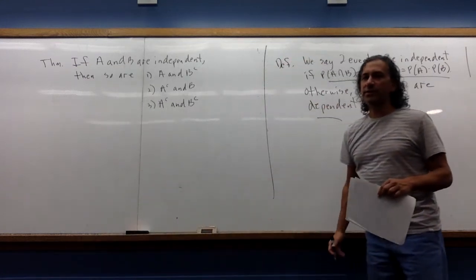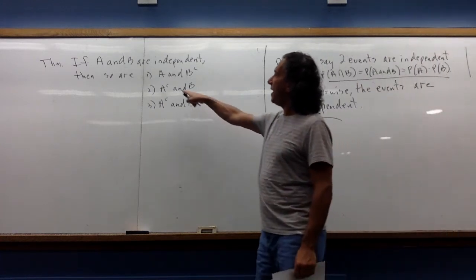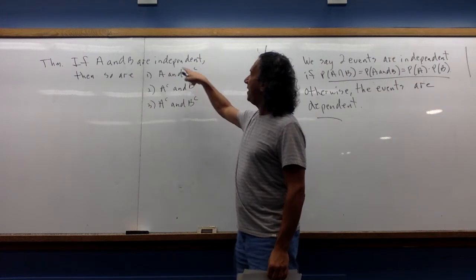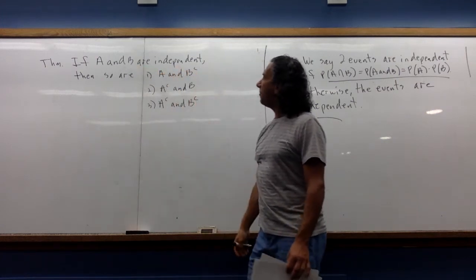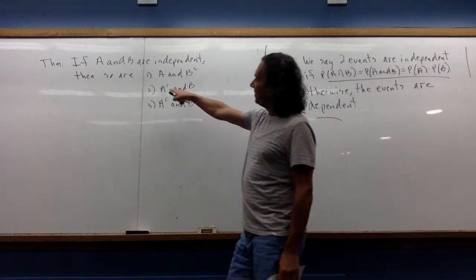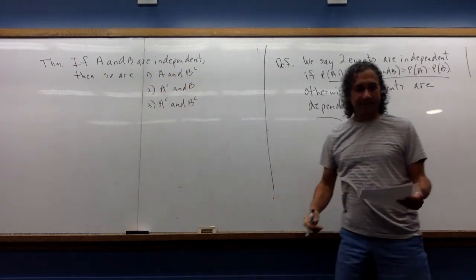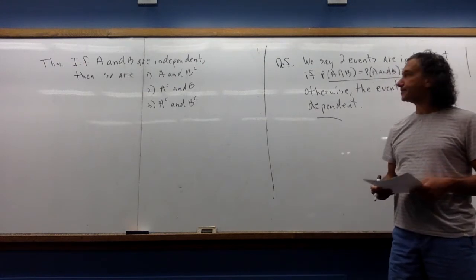So in other words, if two events have this property, then the event and the other guy's complement will also have the property, the complement of the event and that original event will have the property, and both complements together will have the property.